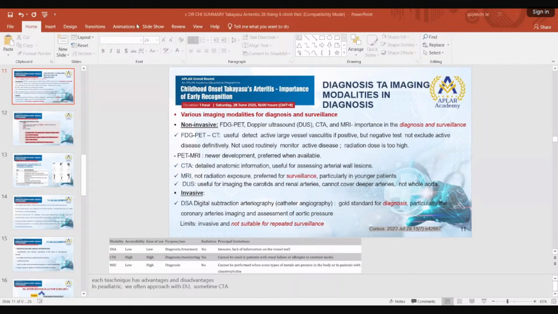Yes, and we can see some questions in the Q&A box. Some audience members asked about the treatment. Dr. Ling Liu asked what is currently considered the best imaging, or is there any validated diagnostic scoring system?